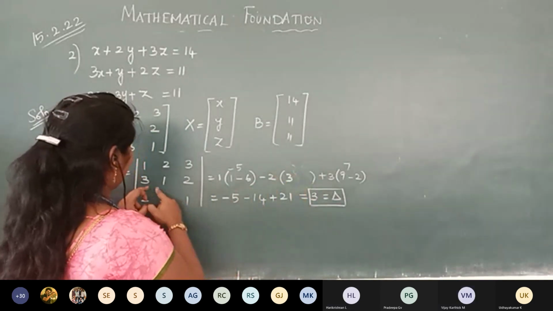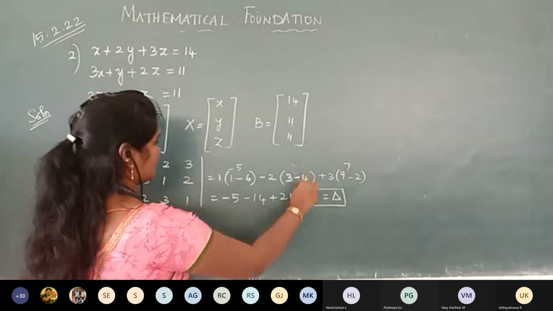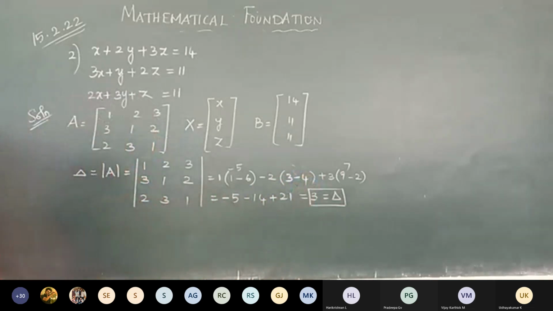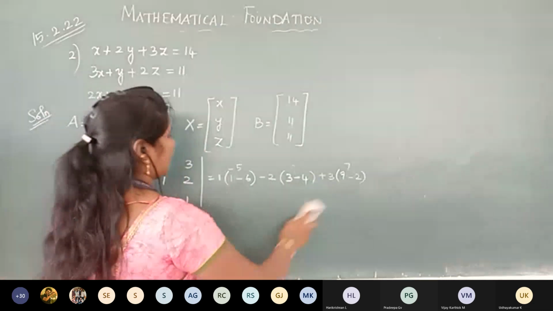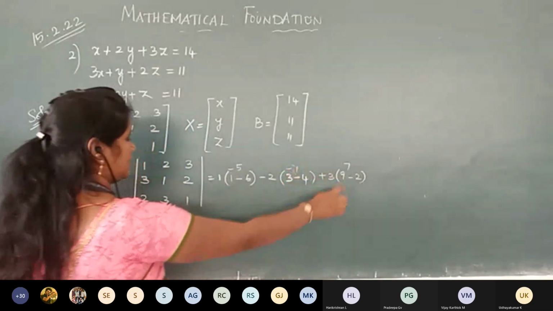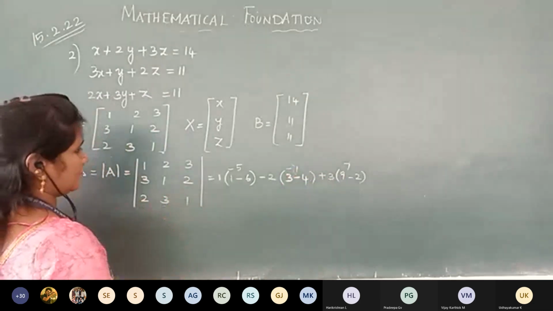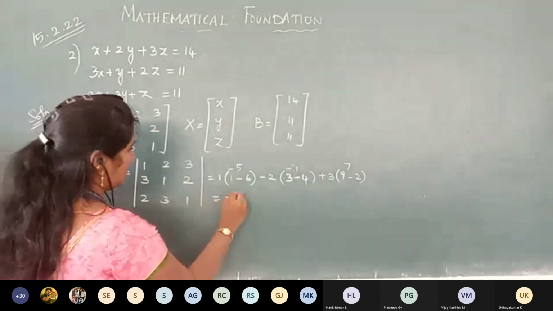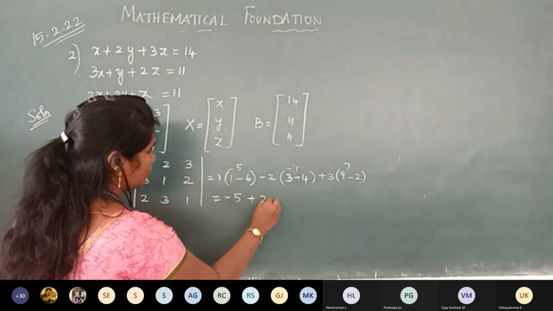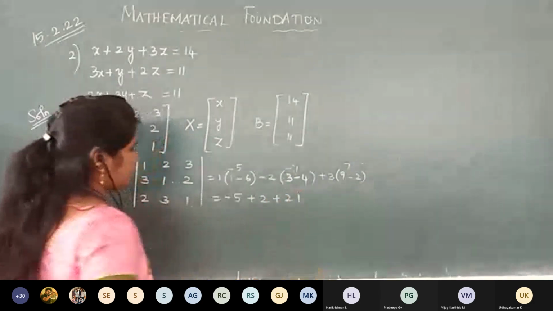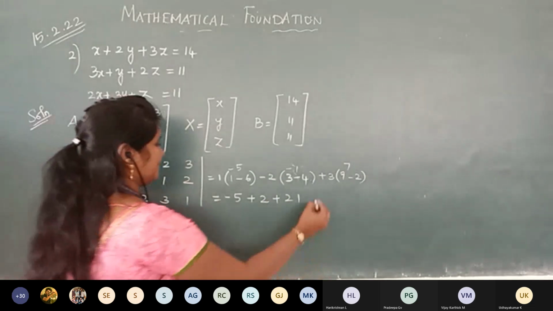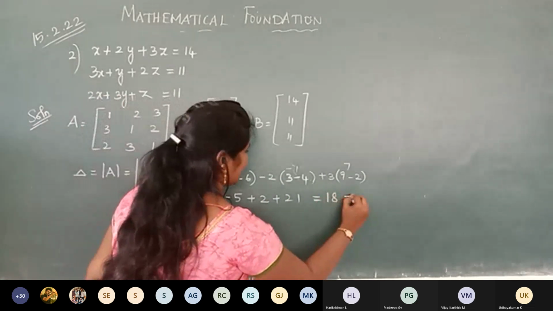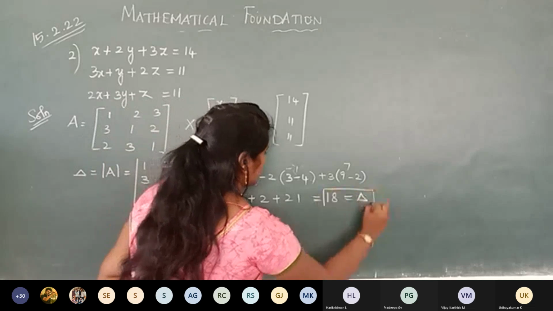Very good. 3 minus 4. So what you're getting? This is minus 1. This side is correct. So what you get? Minus 5 plus 2 plus 20. So you're getting 18. So your delta is 18.